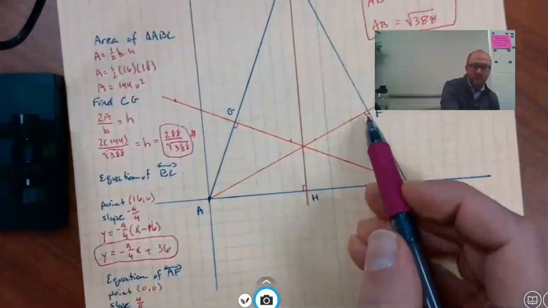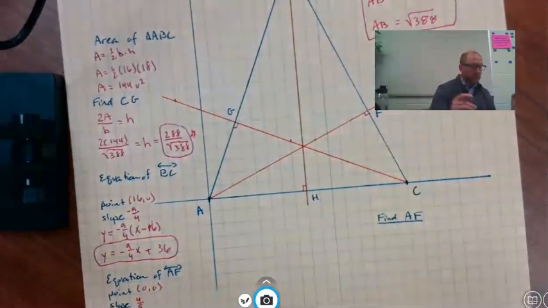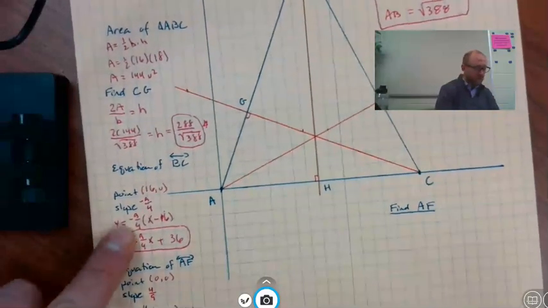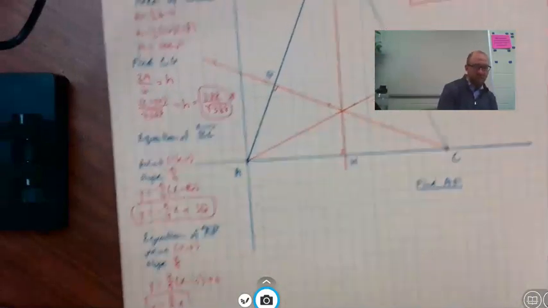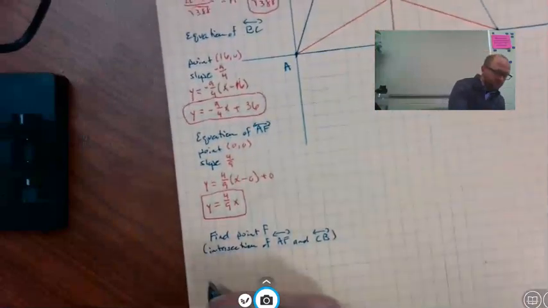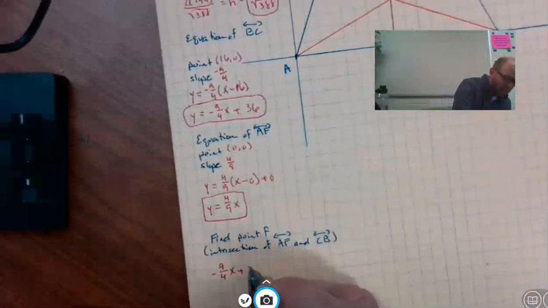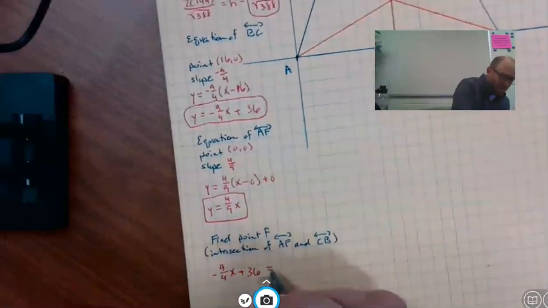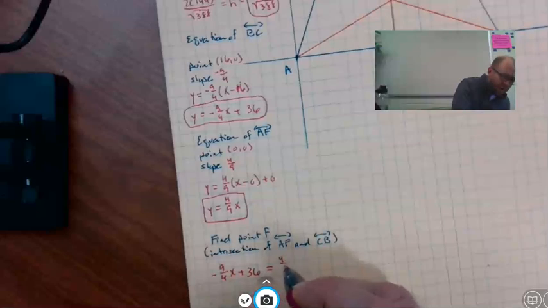Now we have the equation for both lines. We're going to find point F, which is the intersection of those two lines, by setting the two equations equal to each other and solving for x. Our original equation was negative 9/4 x plus 36. So negative 9/4 x plus 36 is equal to 4/9 x.